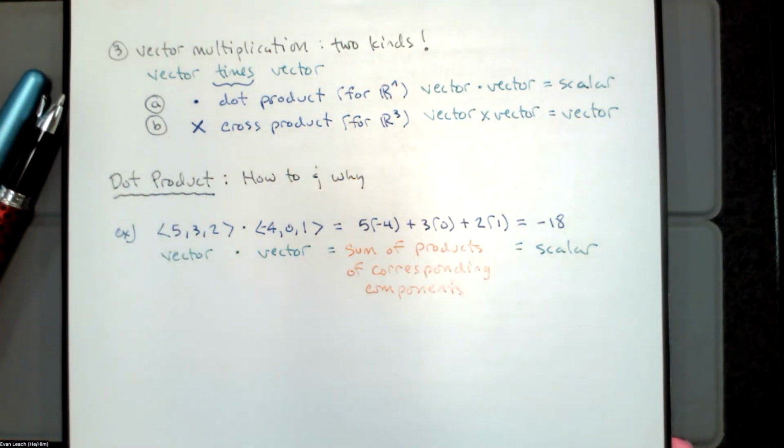That is the dot product. Notice that this will produce a scalar. We multiply the corresponding components and add the results.